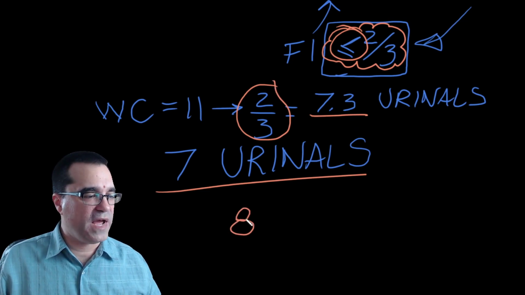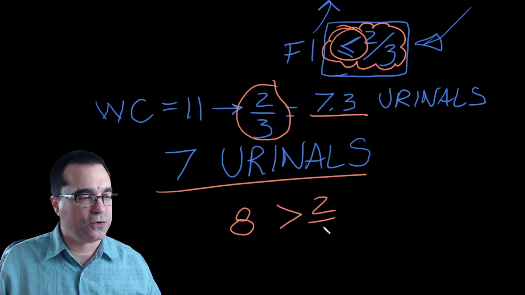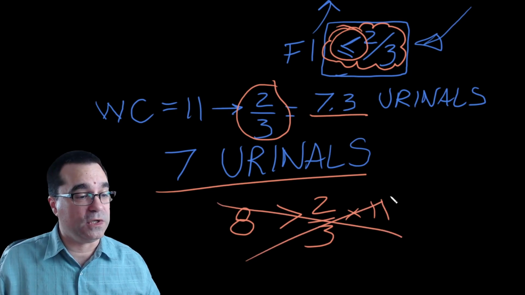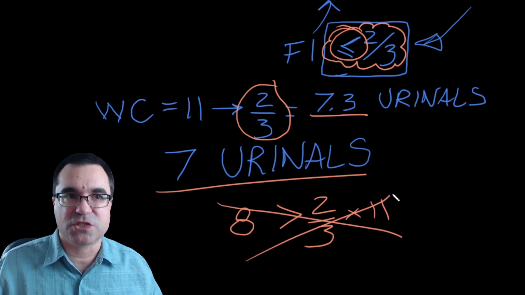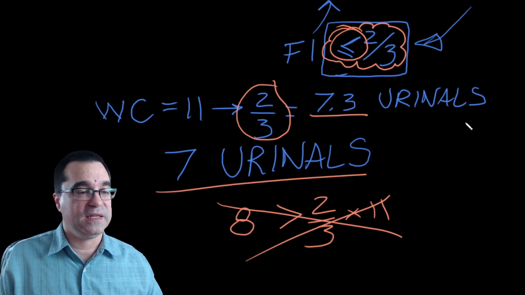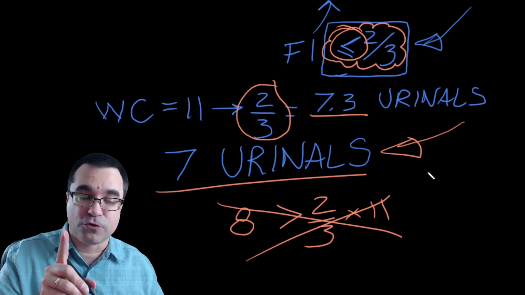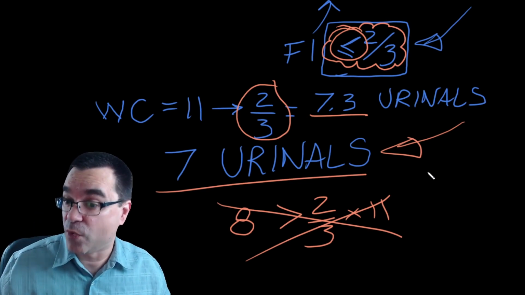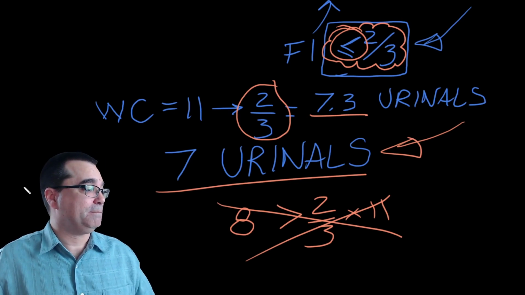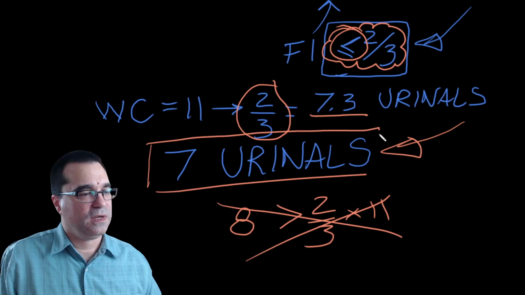So if we round up to 8 urinals, that's more than 2/3 of 11. So this is no good. We have to come up with the biggest whole number that is not more than 2/3. In this case, it's 7. So for urinals, you have to make sure that you round down, everyone. All right. So this is the number of urinals that we're going to be using here.